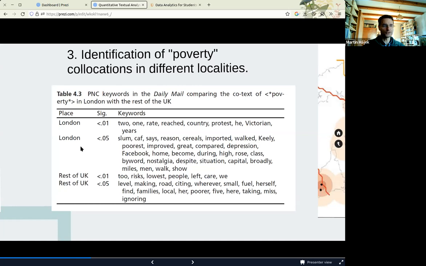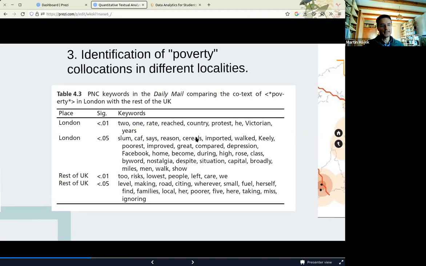And when it contained London as the locality, you can see that the most frequent words were 2-1 rate, rich country, protest, Victorian years, and the level of significance of 0.5%. It's like cereals, bold, kill, poorest, improve, home become during, highs, rose, squad, etc.